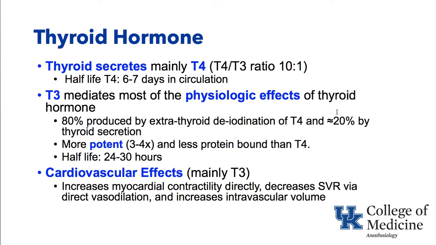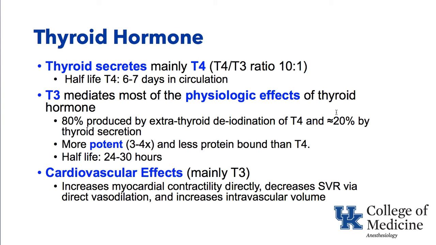T3 mediates most of the physiologic effects of the thyroid hormone. 80% of it's produced by taking an iodine molecule off of T4, therefore making T3, but some of the T3 comes from the thyroid itself. T3 is more potent than is T4, and it has a shorter half-life. When thyroid hormone supplements are needed, usually it's intravenous T3 that is given.